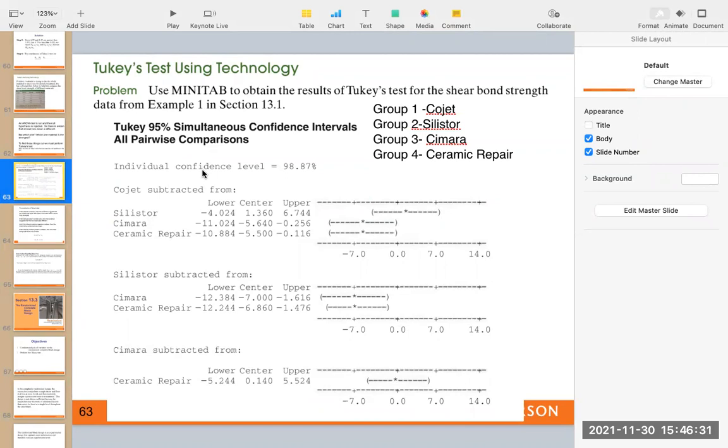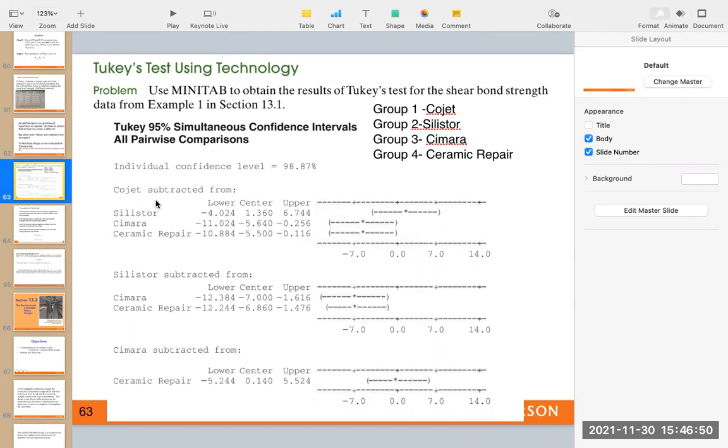What Tukey's test does is compare every set of 2 materials, and create a confidence interval for the differences between the means.